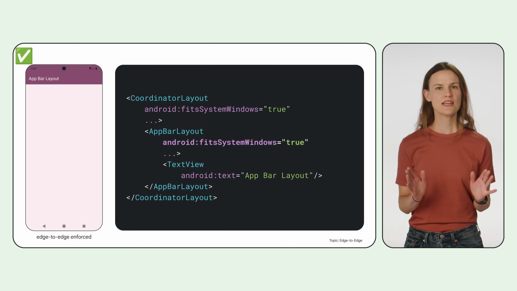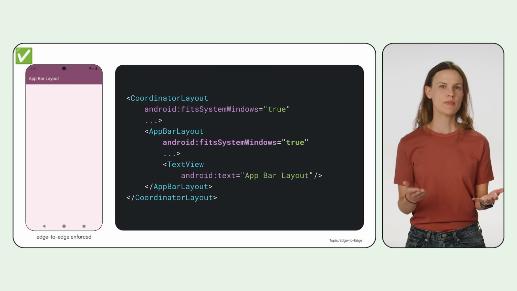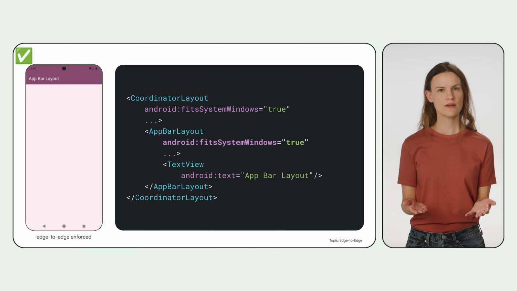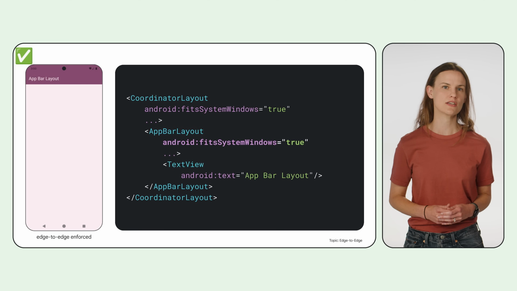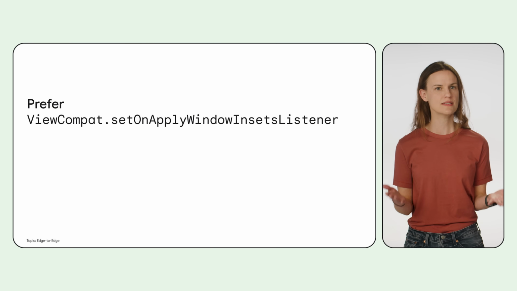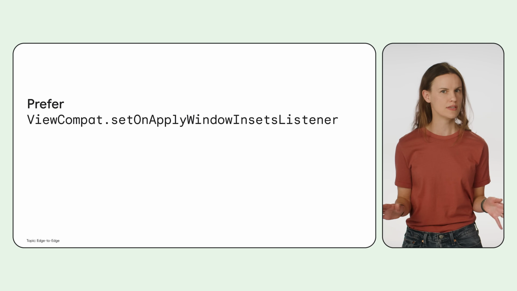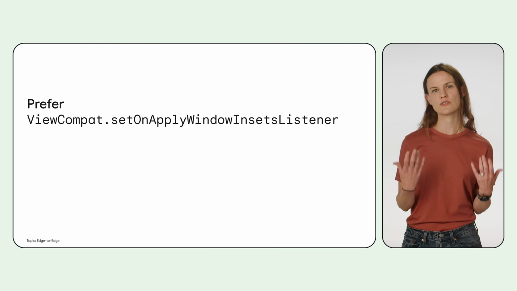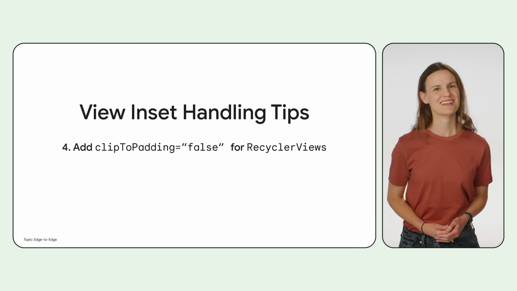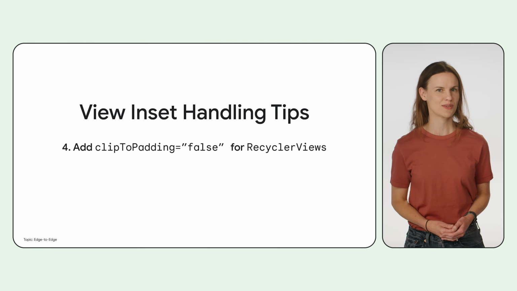Right. Instead of avoiding the system bars, the app bar layout background now draws underneath the system bars due to coordinator layout and app bar layout's logic for Fit System Windows. Set On Apply Window Insets Listener is generally all you need to handle insets, as it offers more flexibility and is predictable.